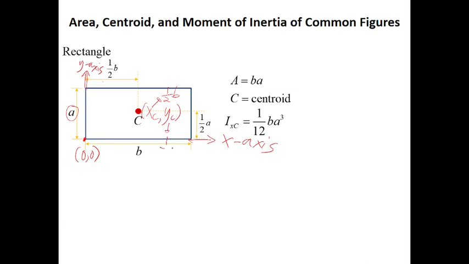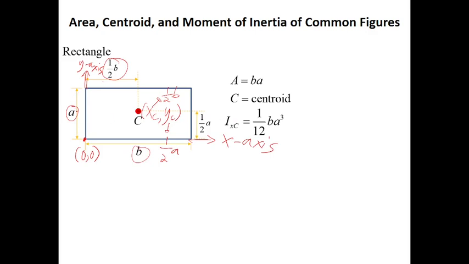So that is one half a. So that is xc, yc, the coordinates of the centroid C. We have the x coordinate, one half b, and the y coordinate, one half a. So from this position up to the center C, this horizontal distance is one half of the total length of B. Vertically speaking, the total length is A.